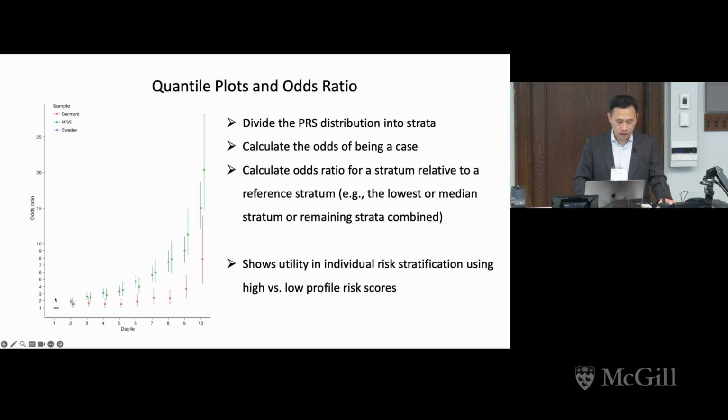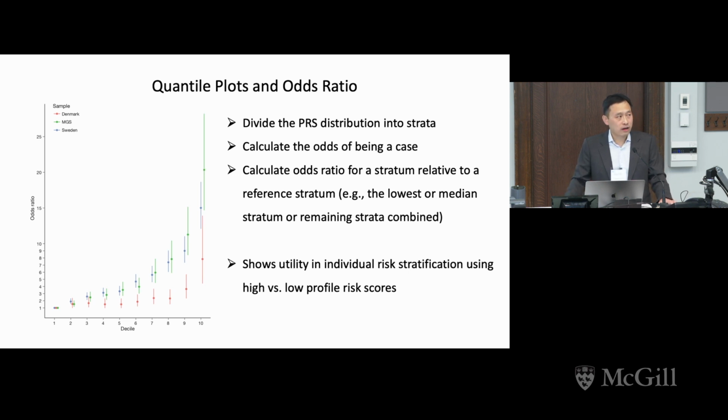I think in this case it's with the bottom quantile. So comparing with the bottom quantile, the quantile with the lowest risk, the quantile with the highest risk has 20 times the enrichment as an odds ratio.